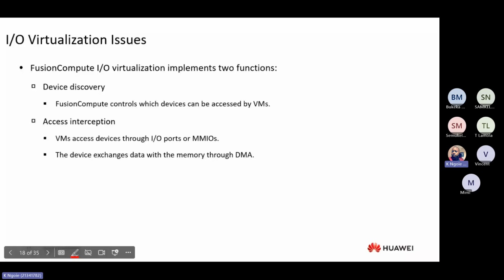The input-output devices, you have like your network cards, your USBs, the disk, right? So this I/O virtualization will allow multiple virtual machines to share the physical input-output devices of a single physical machine. So these virtual machines are going to share maybe the USB ports, or any other input-output device.